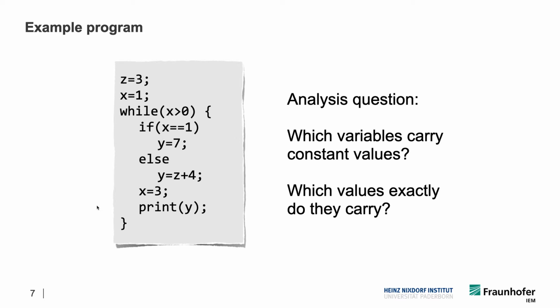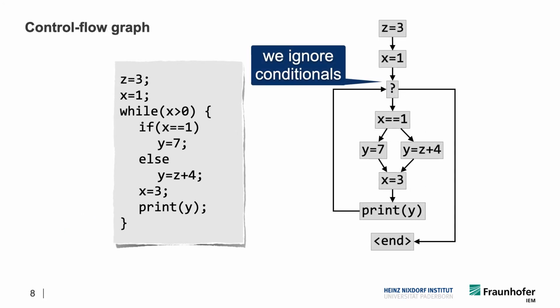Now, the first thing that we will do is, because this is the syntax that we are looking at, so this is basically an abstract syntax tree, we are going to turn it into a control flow graph, like you see on the right-hand side. What we will assume here, and also for pretty much the remainder of the course, is that the static analysis that we execute is ignoring conditionals.